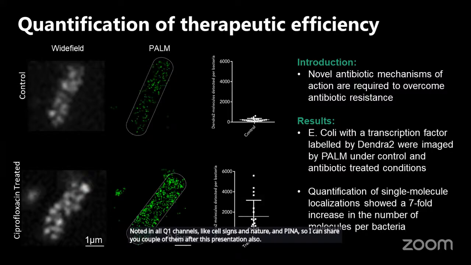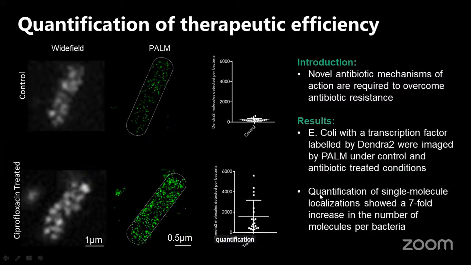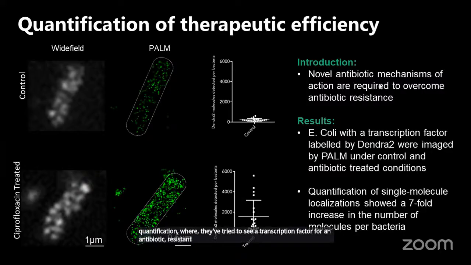Here there is one more quantification where they tried to see a transcription factor for an antibiotic resistance mechanism. Novel antibiotic mechanisms are required to overcome the present resistance, so they tried to see whether they could achieve it.